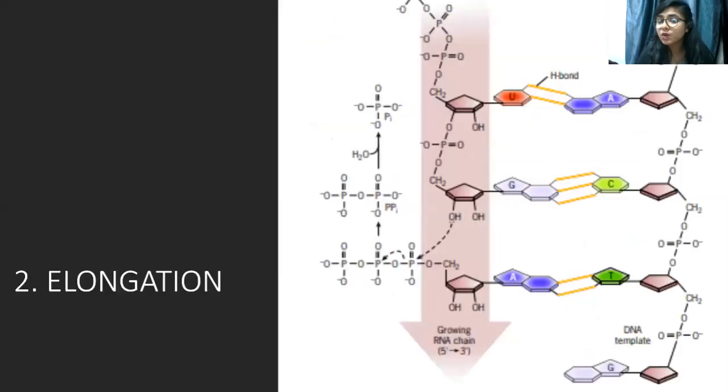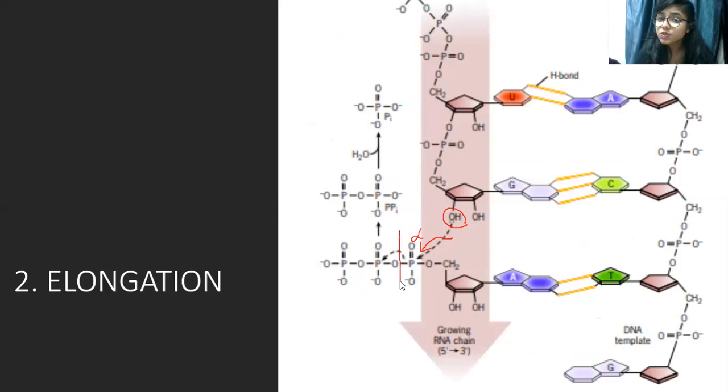Now coming to the elongation process, what happens is that this hydroxyl group, which has already been attached to the growing RNA chain, attacks the incoming alpha phosphate to form the phosphodiester bond. What happens during this process?